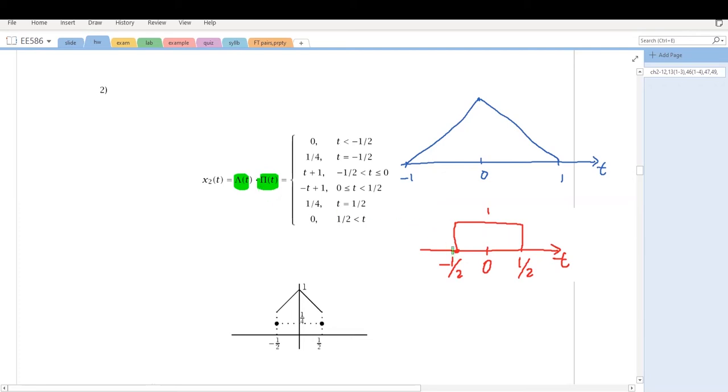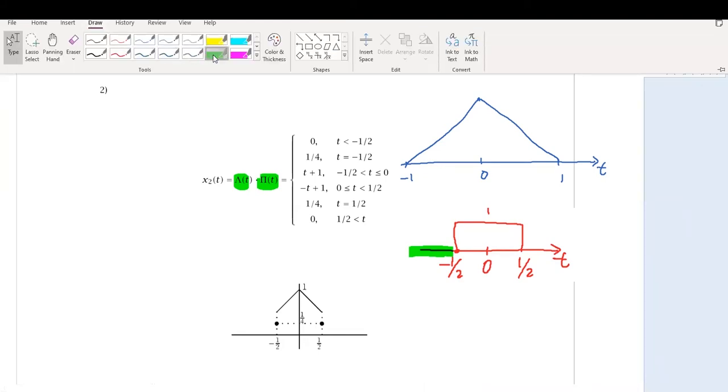Here, remember this. When we operate on the waveforms, all the waveforms have to line up with the time instant, and then we operate on the magnitude. For example, here, this is rectangular. It has some values, but pi of t equals 0 here, so therefore there are no values here.